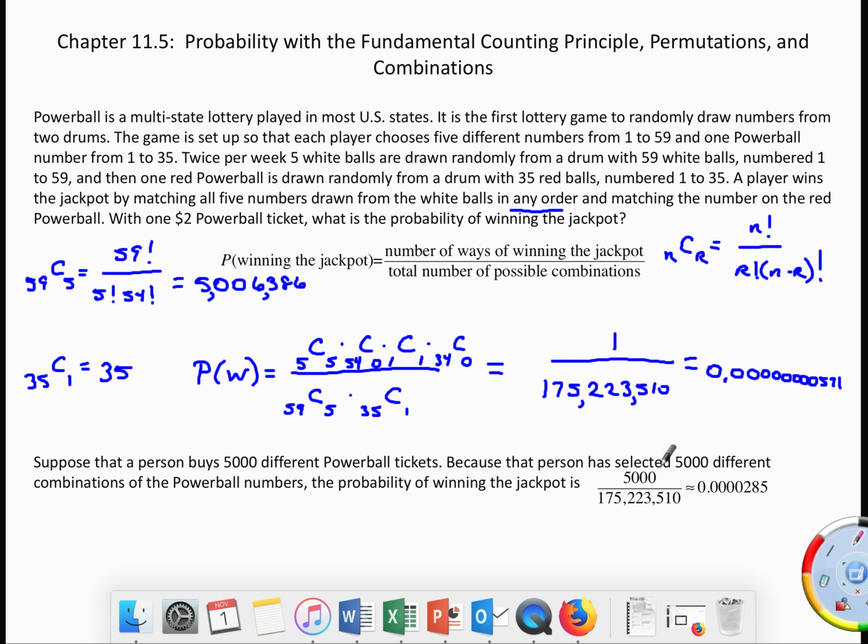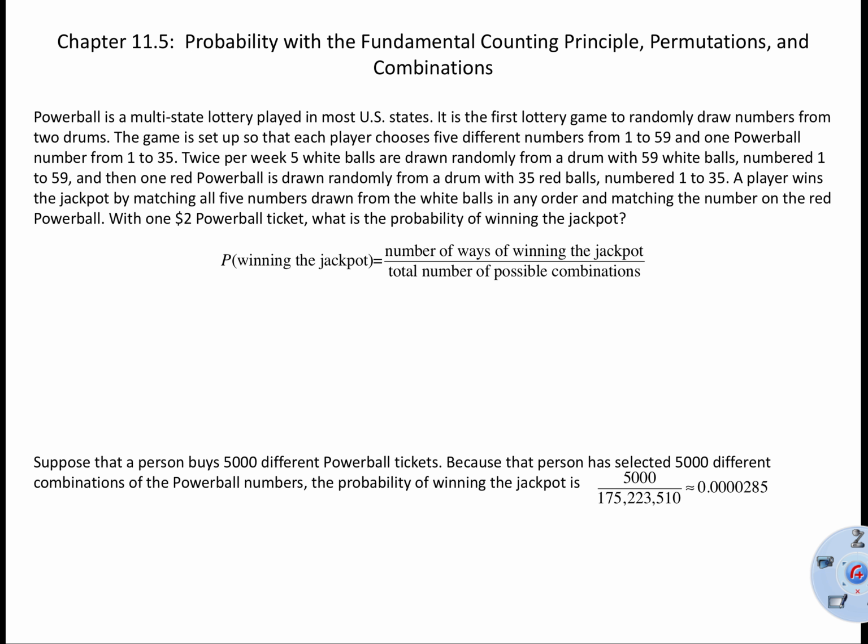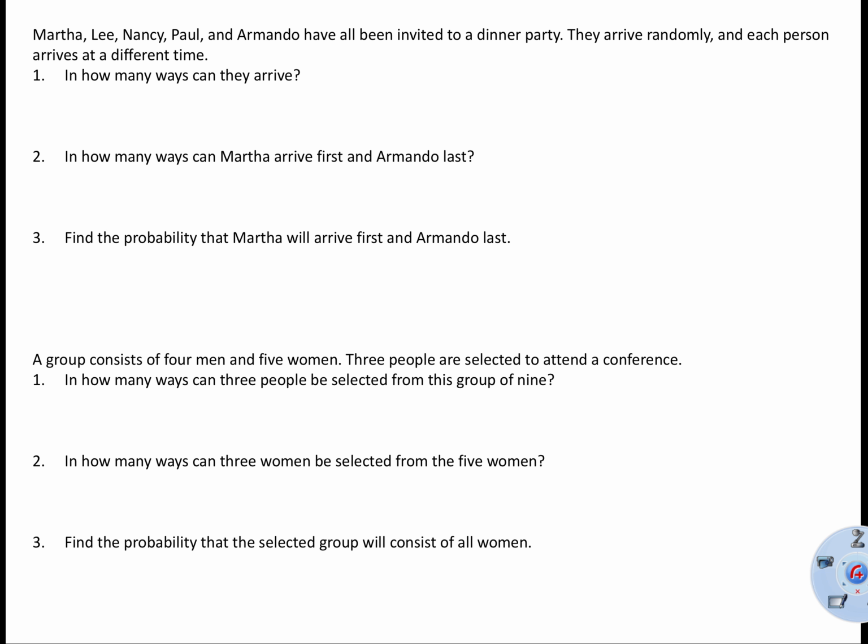Here he bought 5,000 tickets, so he had 5,000 of these 175 million combinations. Okay, hopefully that makes sense. If not, let's continue on and try to make it more clear.